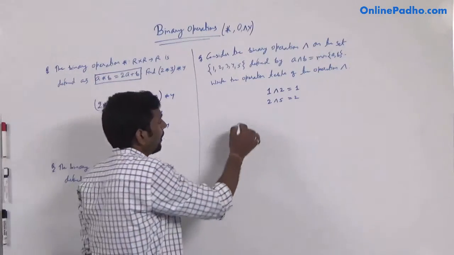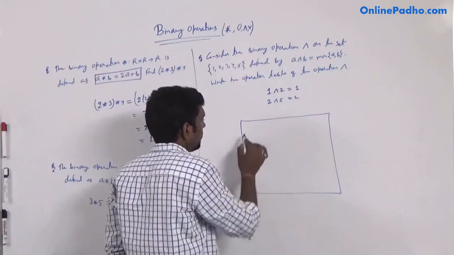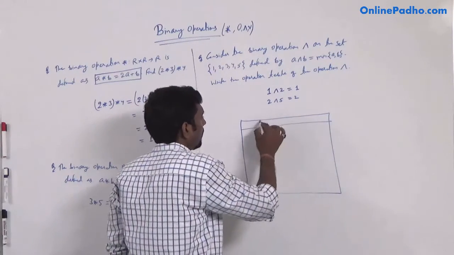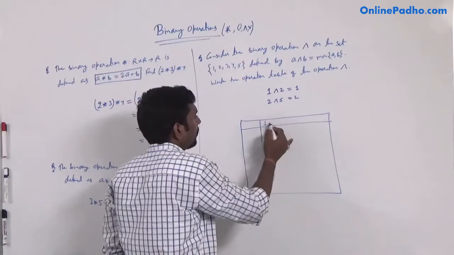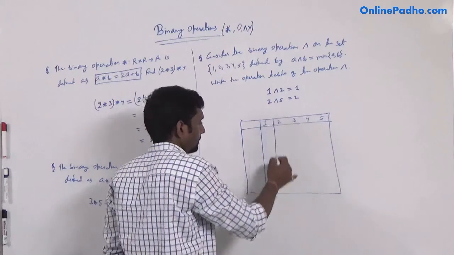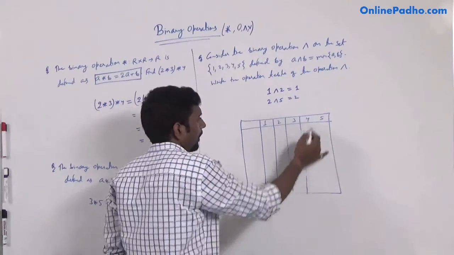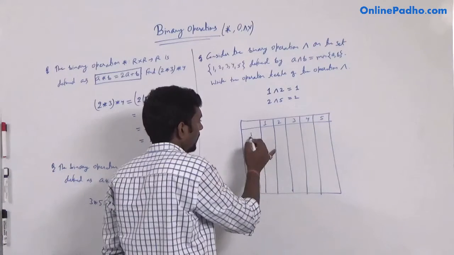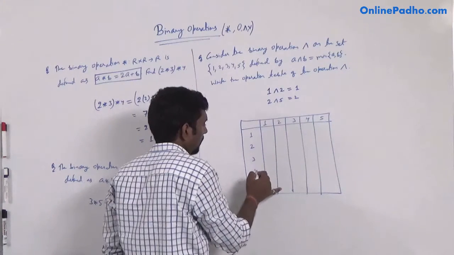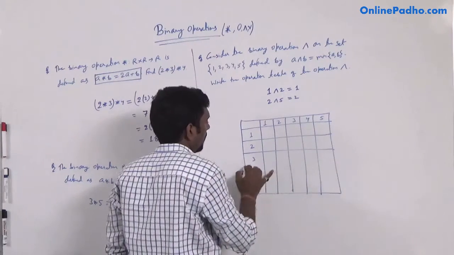And the table: we have to draw a table in which we have the numbers 1, 2, 3, 4, 5, right? Either column wise or row wise, again the same thing, 1, 2, 3, 4 and 5. We have to draw a table like this.